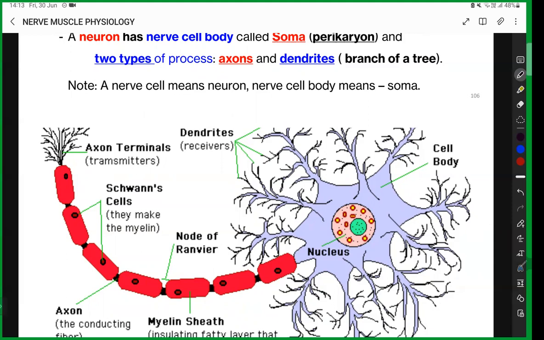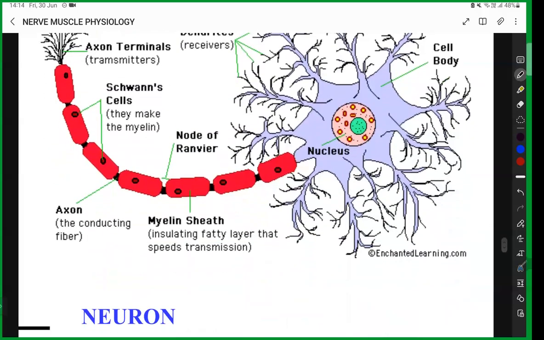Actually, an axon is just like this, from your soma, just like a tail. But you can see there is something surrounding it, and that is called the myelin sheath. I want you all to remember that.